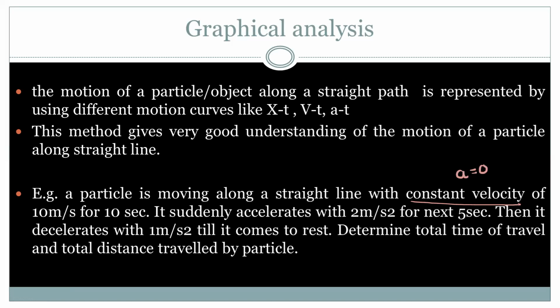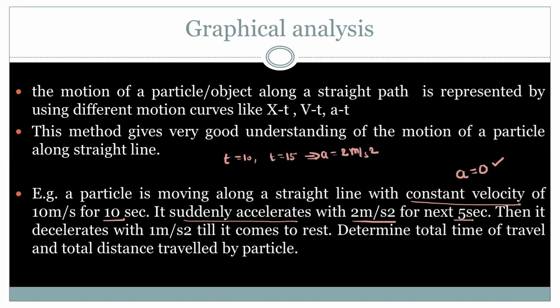So for first 10 seconds, acceleration is 0. Then after 10 seconds, the object or particle suddenly accelerates with acceleration 2 meter per second square for next 5 seconds. That means from t is equal to 10 seconds to t is equal to 15 seconds, particle has acceleration which is equal to 2 meter per second square.